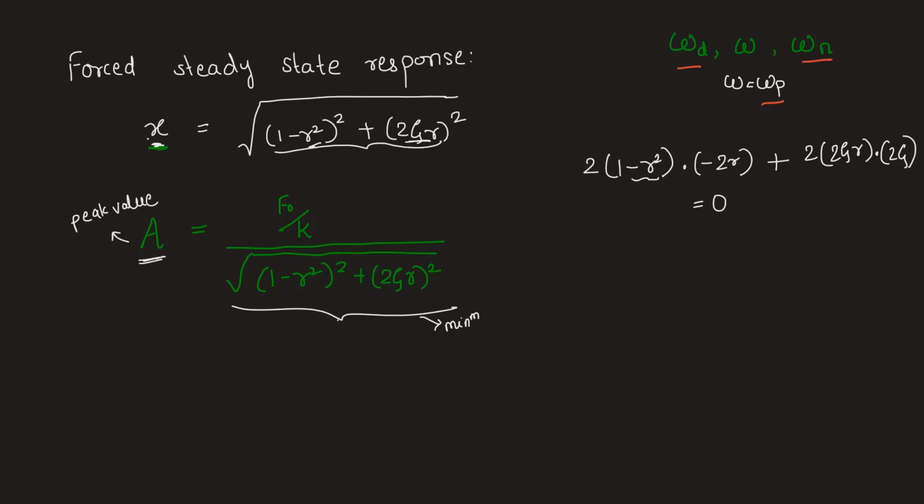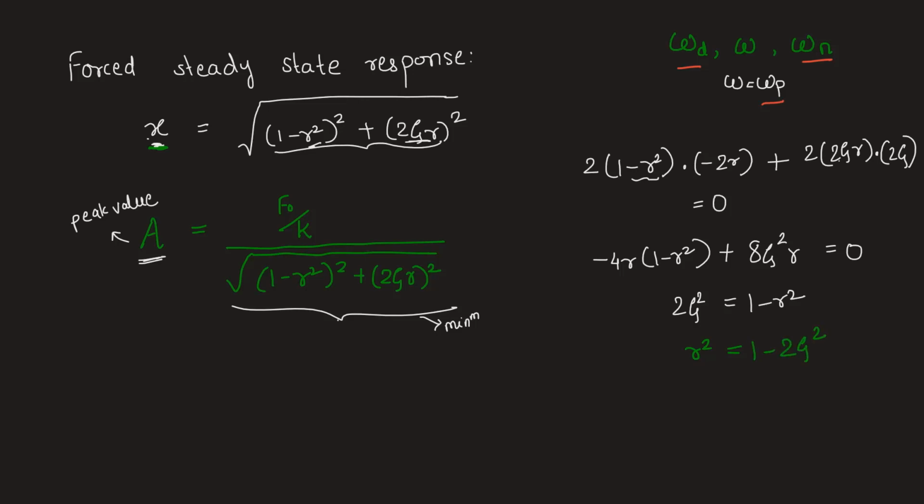We have 2 into 2 is 4 and minus sign taken out: minus 4r into (1 minus r square) plus 2 into 2 is 4, into 2, 8 zeta square into r is equal to 0. So rearranging the values and cancelling out the common terms, we will have 2 zeta square is equal to 1 minus r square. So here we will have the value of r square as 1 minus 2 zeta square.